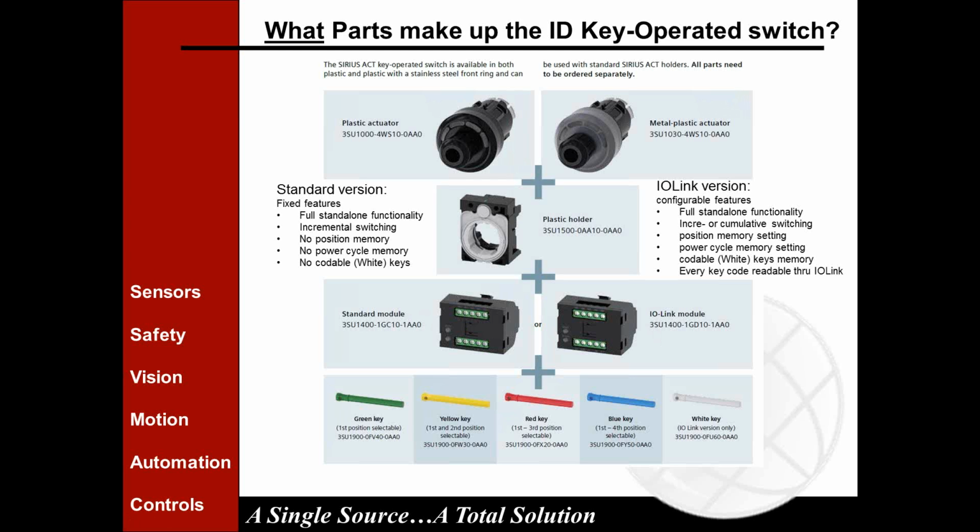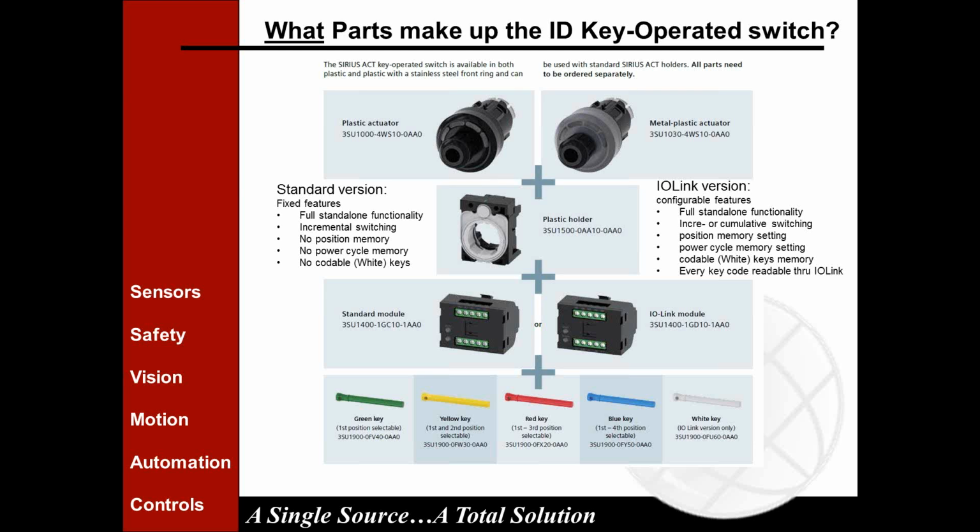Either one of these modules can work as a standalone unit, so they don't need to be tied into a PLC. All the features that we'll be talking about are available to both sides, and if there are features on the IO Link side, I'll be sure that those are made clear that they're for the IO Link version only.